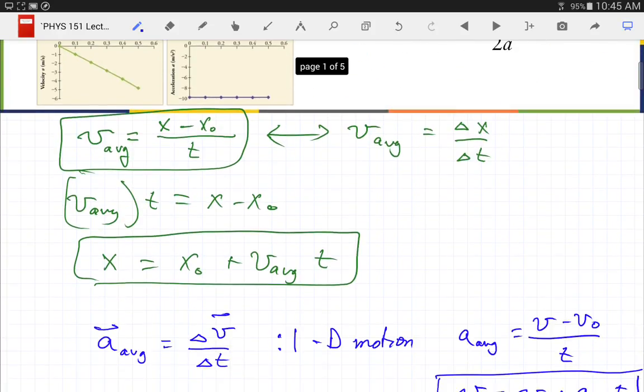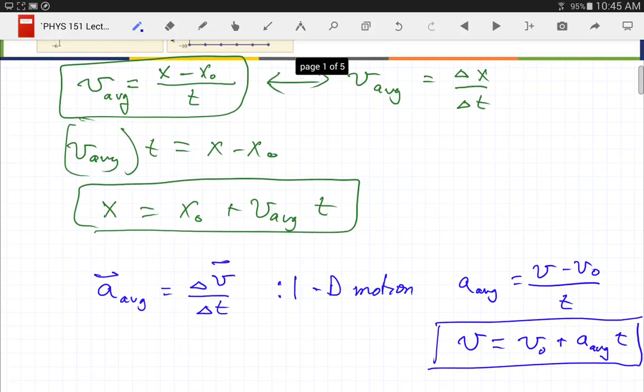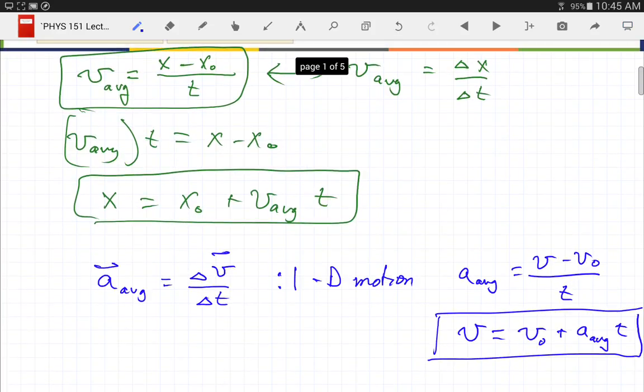Now, before I go to the other equations, a couple important things. With this v average, the average speed or the average velocity, what's the difference in average speed or average velocity? Well, the average velocity, as I talked about, is the change in displacement divided by time. And so it's going to have a direction to it.